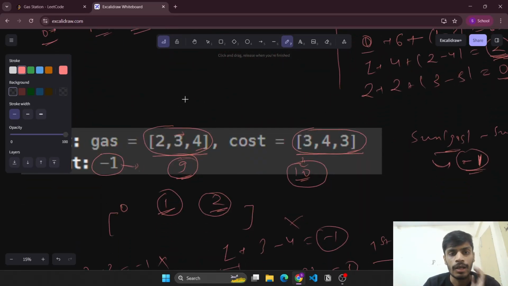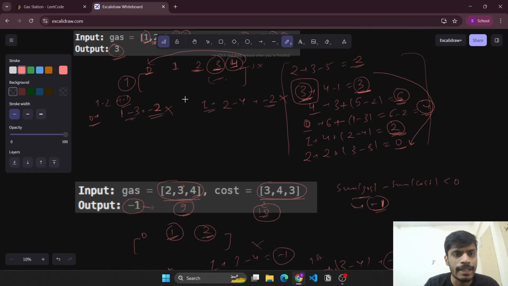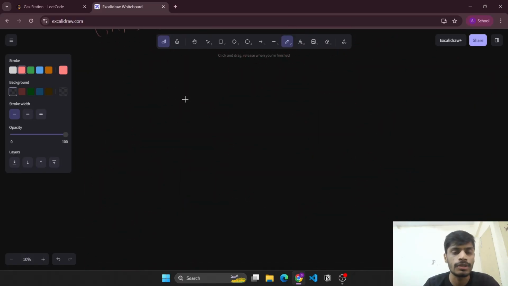Let's take an example. Suppose we started at gas station A, and when we reached gas station B, the tank from A to B became less than 0.